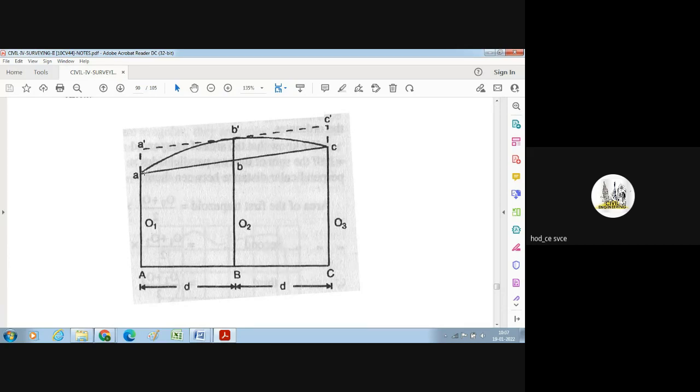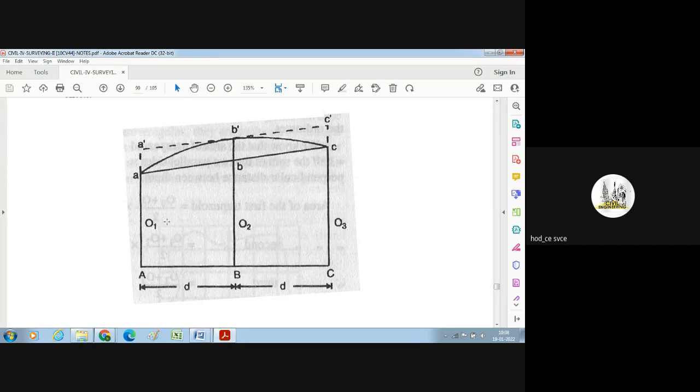So I have made a trapezium for this section. I have extended from A to A prime, B to B prime, and C to C prime, and joined the lines A prime, B prime and C prime. Now I have calculated the total area for this trapezium, so this area is calculated easily.